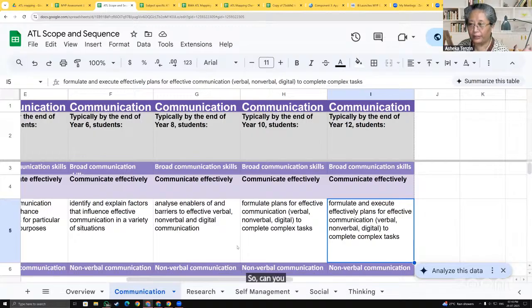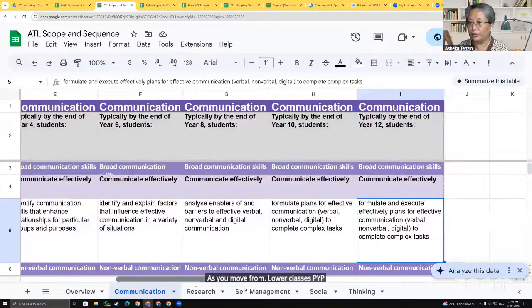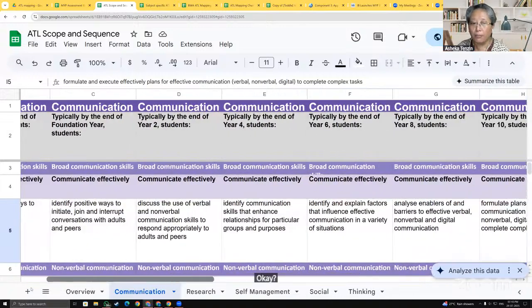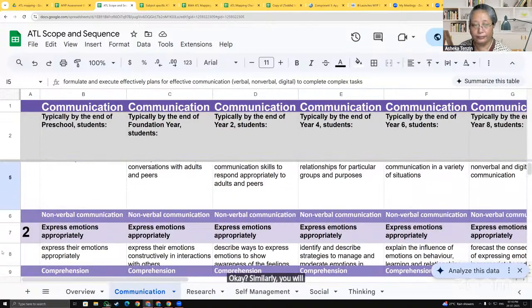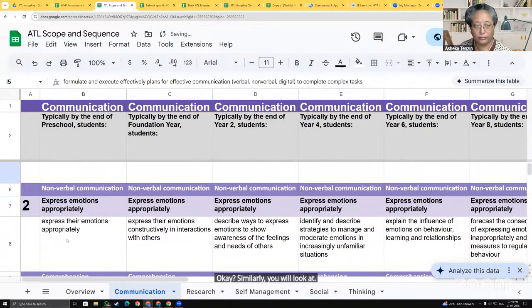Can you see there is a progression of the skill as you move from lower classes in PYP to middle years to DP? Similarly, you will look at the other skills and sub skills.